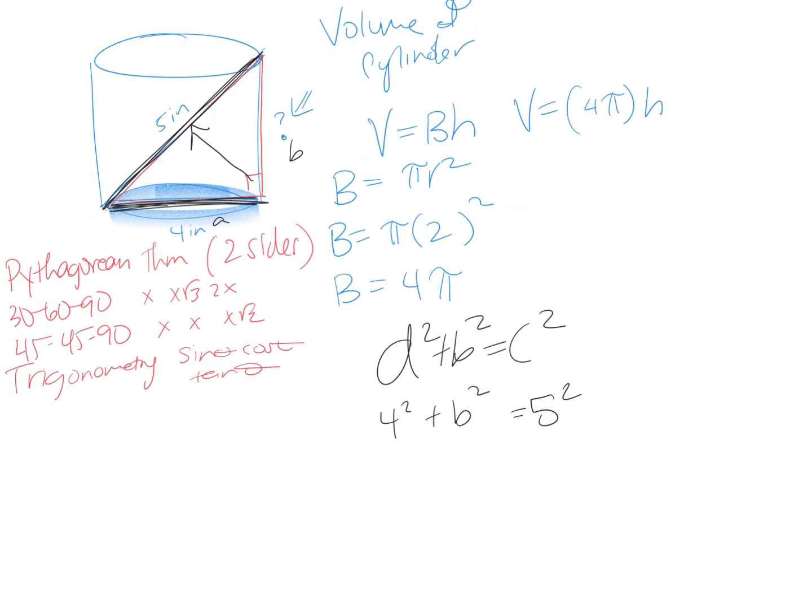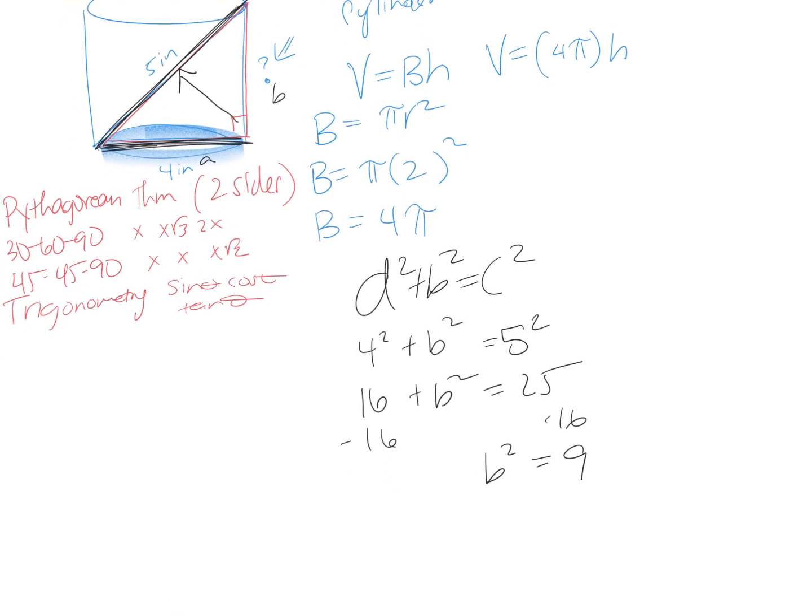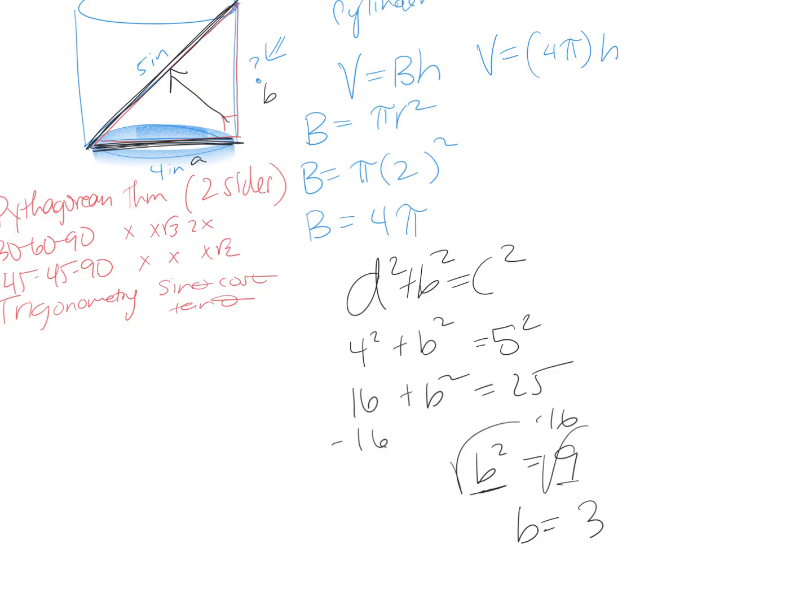Okay, so we get 16 plus b squared equals 25. Subtract 16, we get 9. So what is b? No, b squared is 9. What do we have to do? We have to square root. So 3. So then our height is 3.